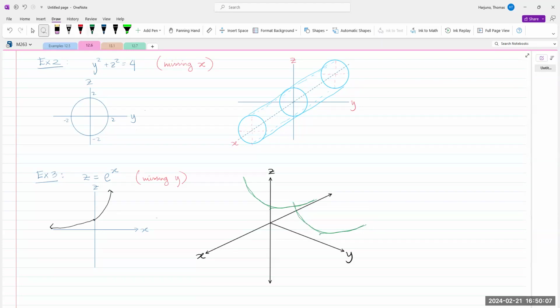The curve therefore looks approximately like this, to emphasize the curve. I hope that explains that it is actually parallel to the y-axis.